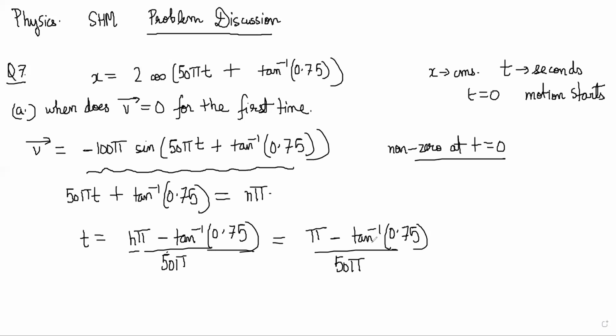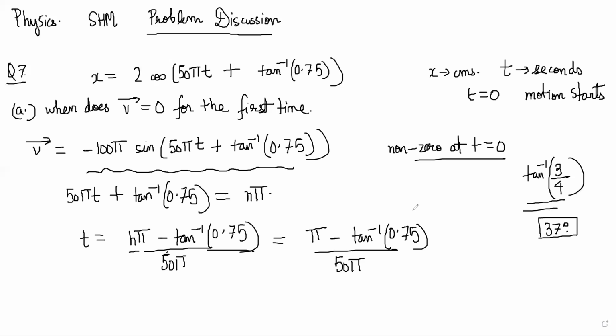That tan inverse 0.75 is basically tan inverse of 3 by 4, which is 3 by 5 over 4 by 5, so it's actually 37 degrees. So pi minus this, divided by 50 pi. It is hard to simplify this a little bit here.